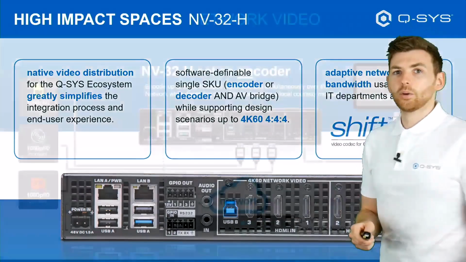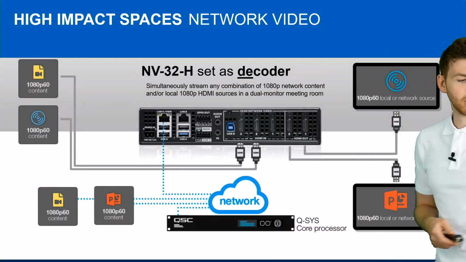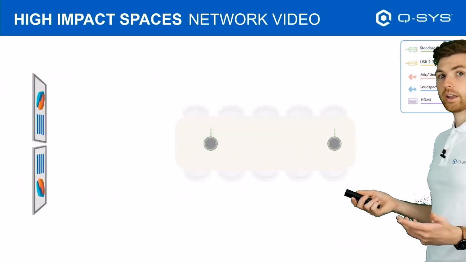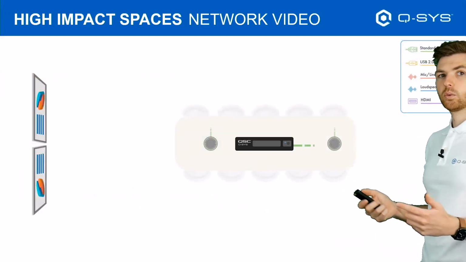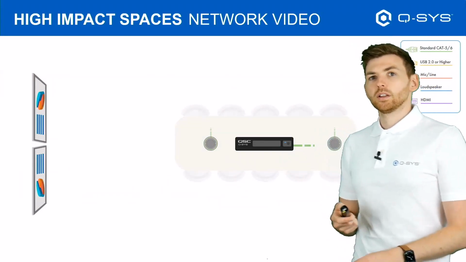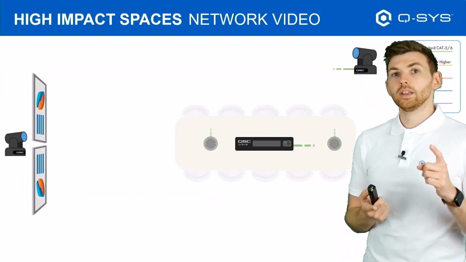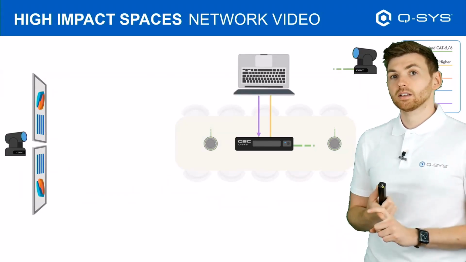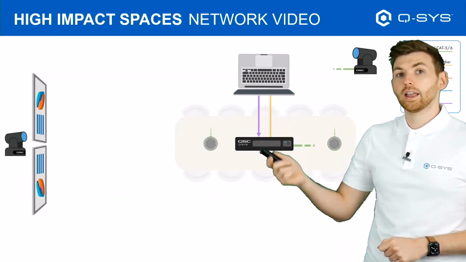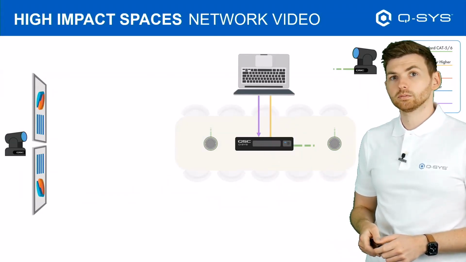Okay, so anyway, we've got encoding, decoding. So let's talk about how we could use that in a space. Here we've got a room, and I'm going to add an NV32 under the table. Now what this is going to let us do is connect a PC. We've got a USB connection here. We've also got an HDMI connection as well, right?